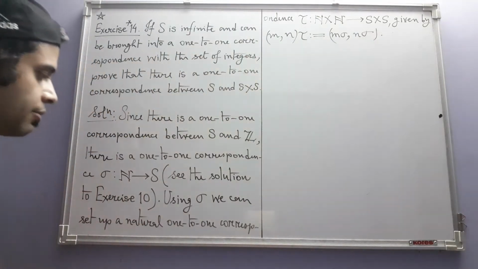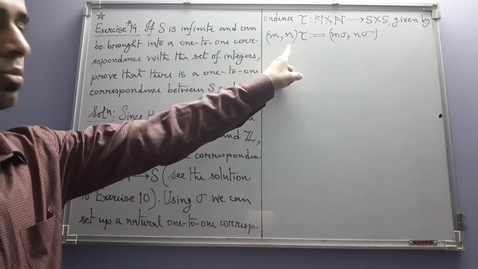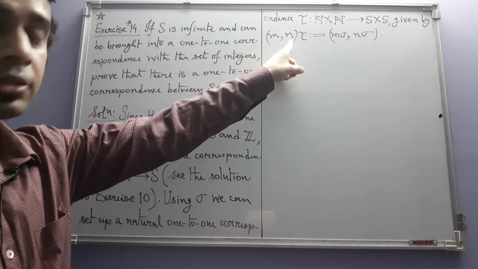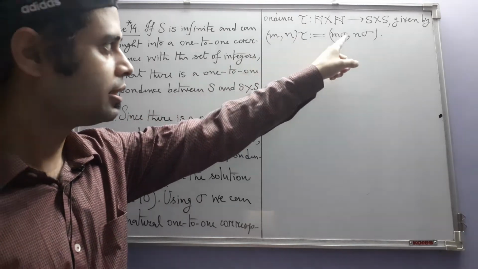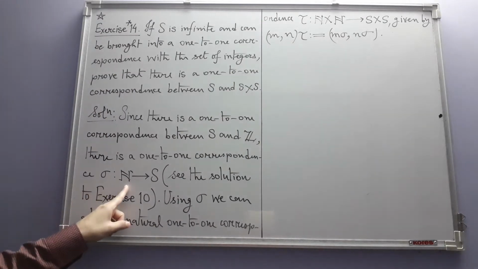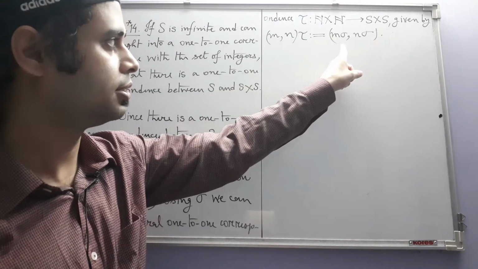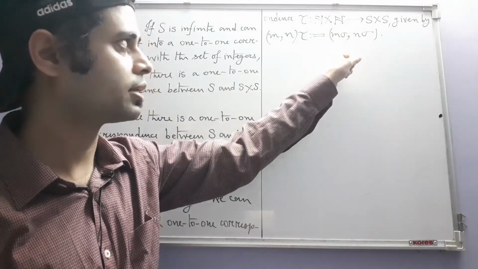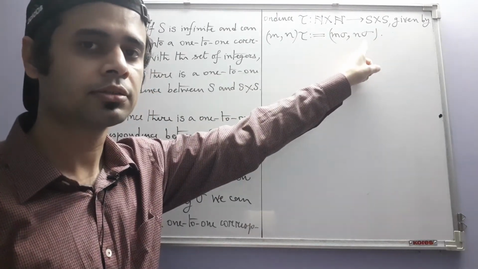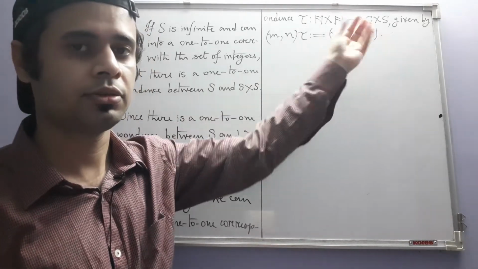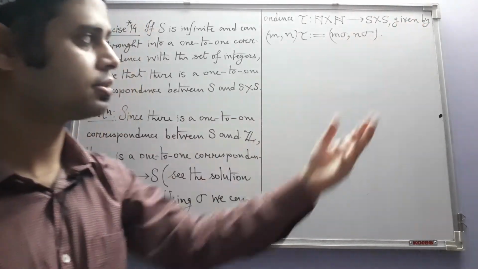So once we choose such an ordered pair, m and n are natural numbers, so on them we can apply sigma, and the images will be again in S. So this is an ordered pair where the components are coming from S. So it's an element in S cross S.